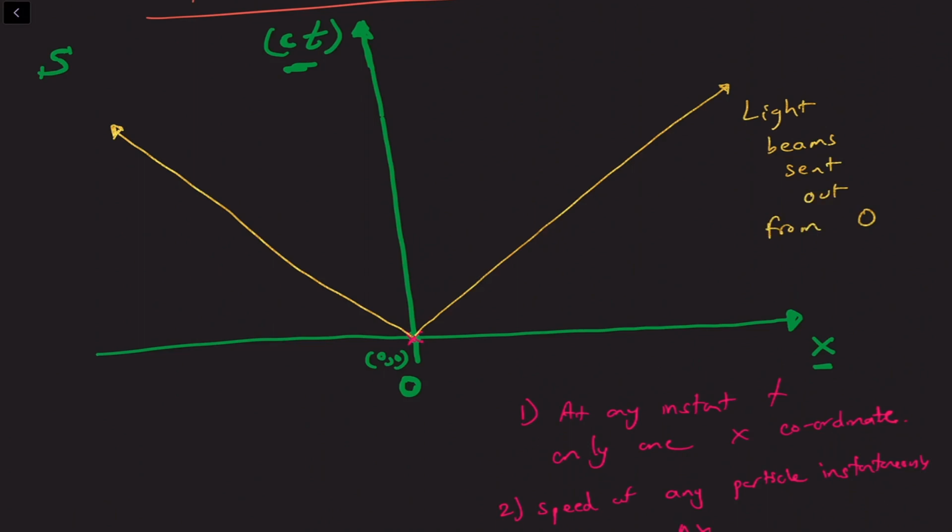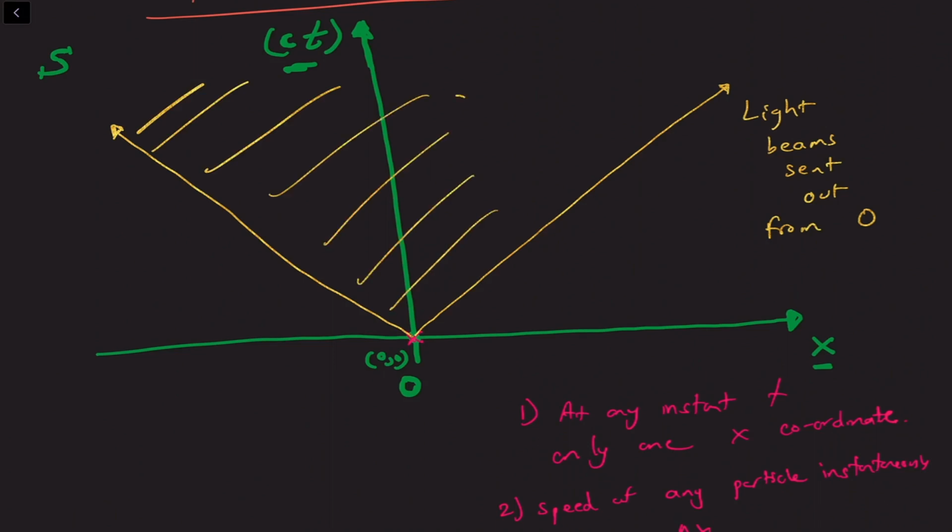And the other thing that you can see is since O cannot communicate anything faster than the speed of light, the only future space-time points that O can influence lie within this wedge or this cone over here, if I think of this in multiple directions.